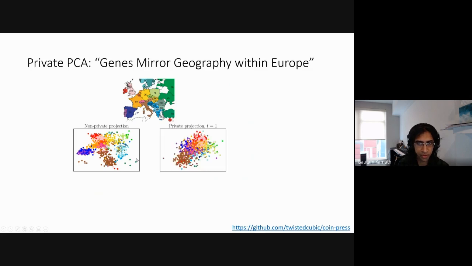And if you naively try to do it with privacy, you can see the results here. Europe is destroyed. It doesn't really resemble the original picture at all. Essentially, what this is doing is taking the top two principal components of the data in a differentially private manner and then plotting the data. Of course, plotting the data is not private, which some of you will recognize, but the idea is how much the directions resemble the original directions.